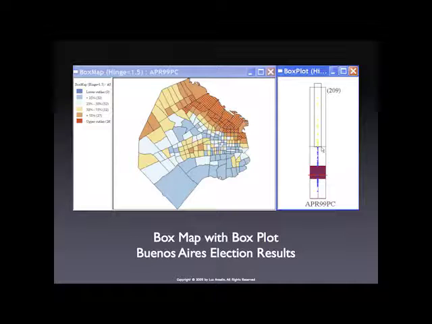Let me just get back to this example. This is a map and a plot of the results of an election, as it happens in Argentina, in Buenos Aires. So we find, doing this analysis, we take the interquartile range, we get our fence, we get all these yellow dots on the top of the box plot, or the box and whisker plot, that we identify as being outliers.